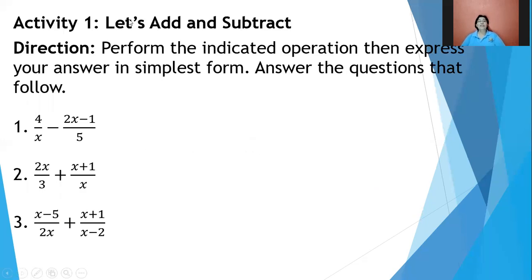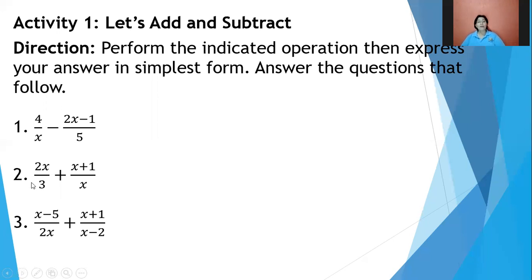Now, this is activity number 1. Let's add and subtract. Direction: perform the indicated operation, then express your answer in simplest form. Answer the questions that follow. For number 1, we have 4 over x minus 2x minus 1 over 5. Get the LCD. The LCD is 5x.